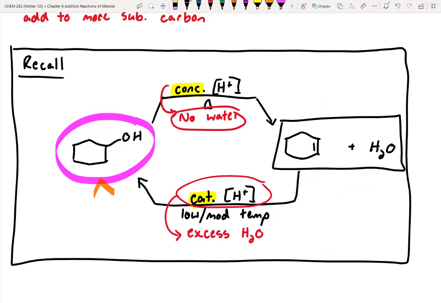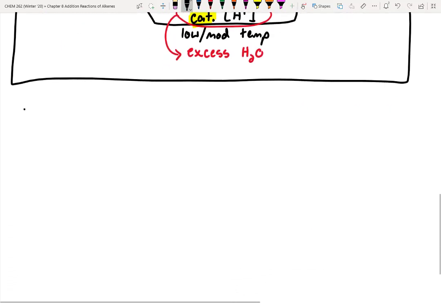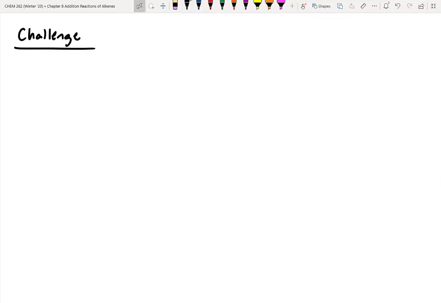Good questions. All right, so let's try a challenge. For this challenge, I think it's actually in your textbook. I'm going to throw us for another loop. All right, catalytic acid.